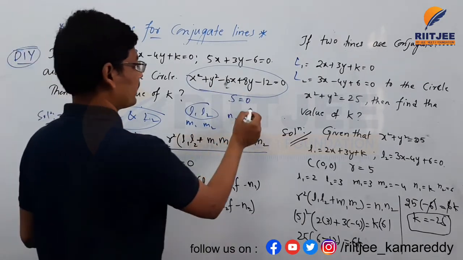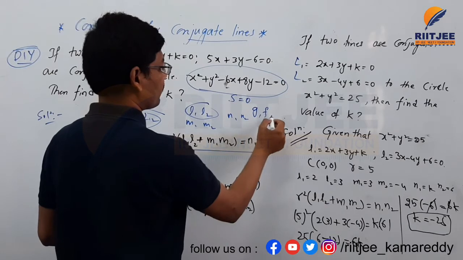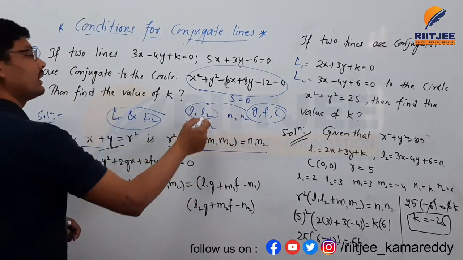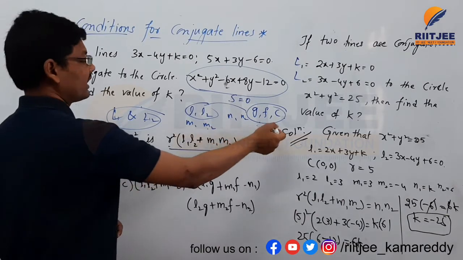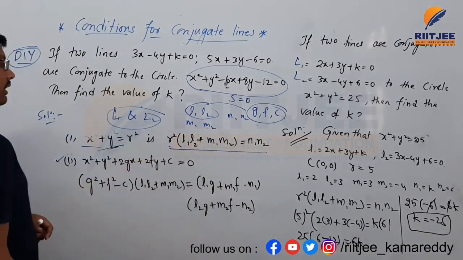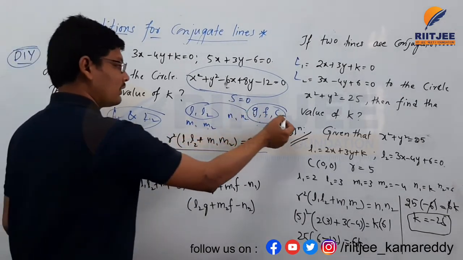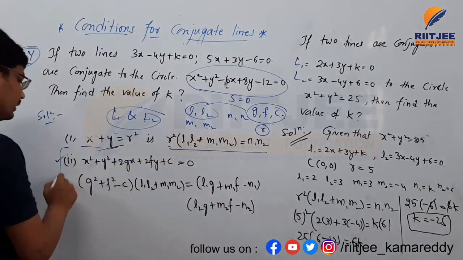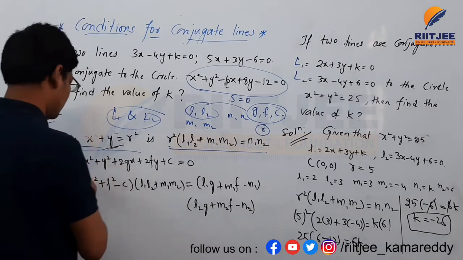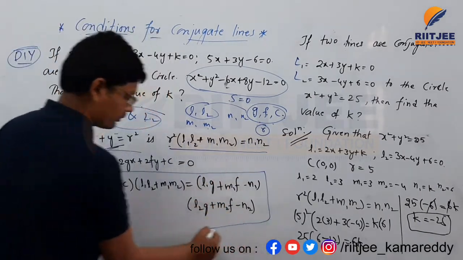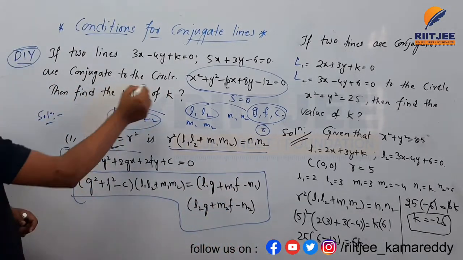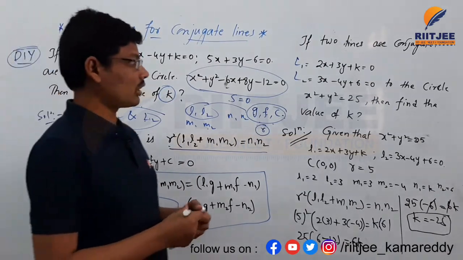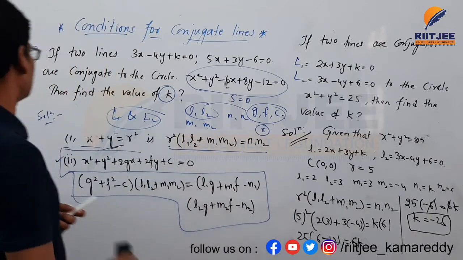From this circle equation we can find the g, f, c values, and from those we will get r also. Then substitute all the values in the condition, and you will get the answer for k. You can solve it on your own.